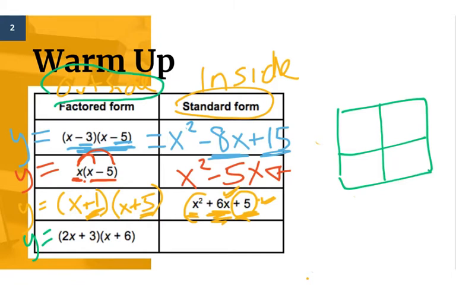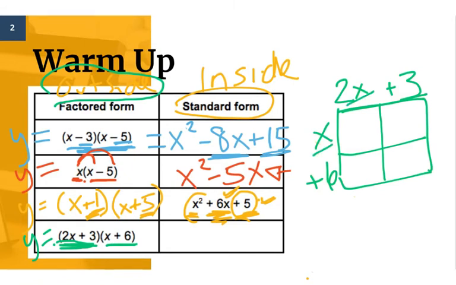Okay, so one side is 2x plus 3, this whole parentheses. I don't care if you put this on the top like we did or on the side. I just care that they're together. All right, and then the other side will be x plus 6. And now we've just got to multiply away.